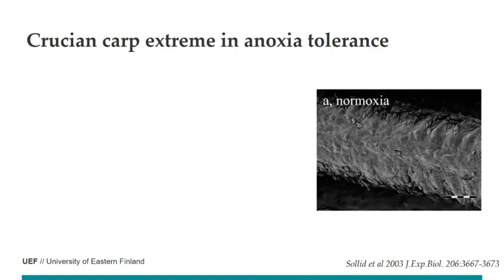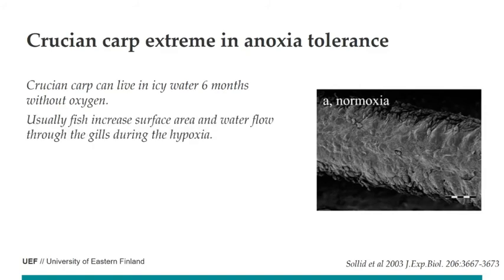But then, what about vertebrates? What about crucian carp? Crucian carp is one extreme in anoxic tolerance. In Finland, for example, it can live 6 months without any oxygen. And usually fish, when they lack oxygen, increase the surface area and water flow through the gills.